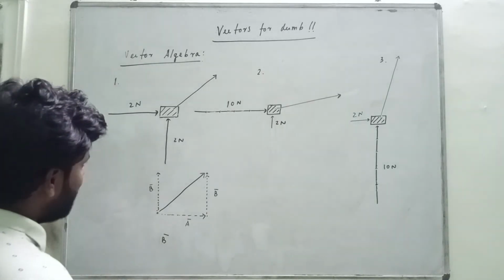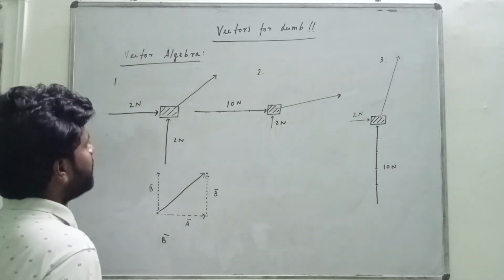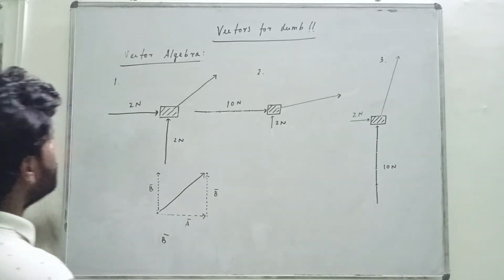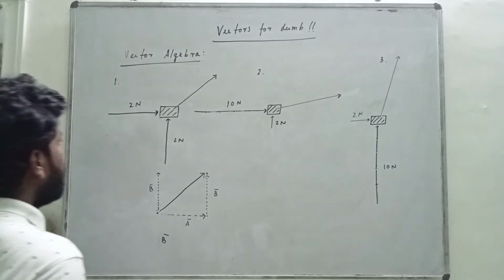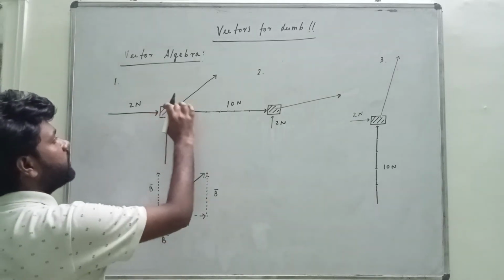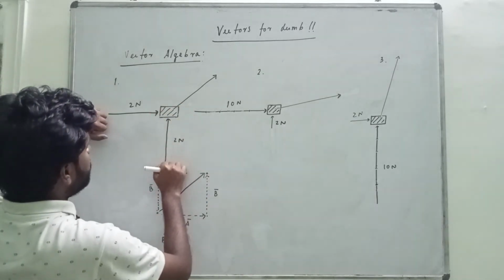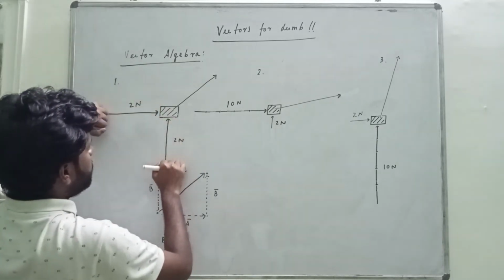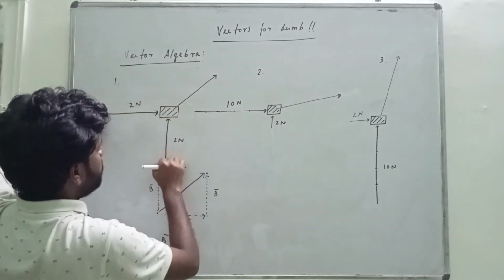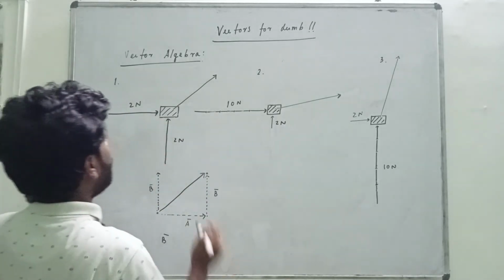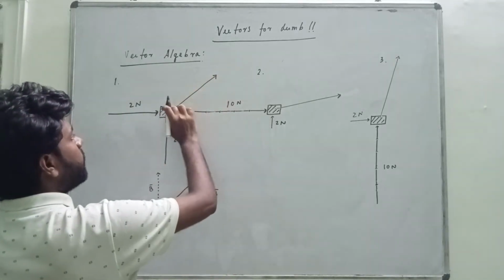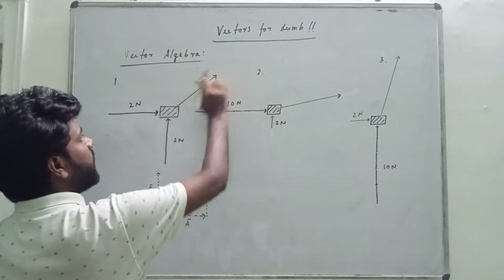Okay. And look at this stuff carefully. What did I do here? I pushed this block simultaneously with the two forces, right? The block will go from here to there along that path.